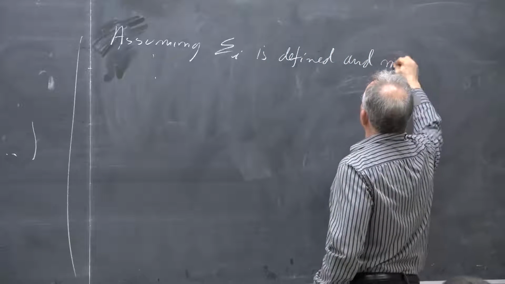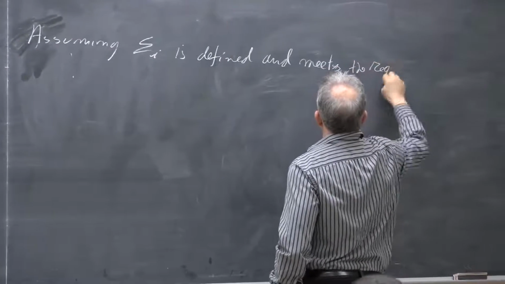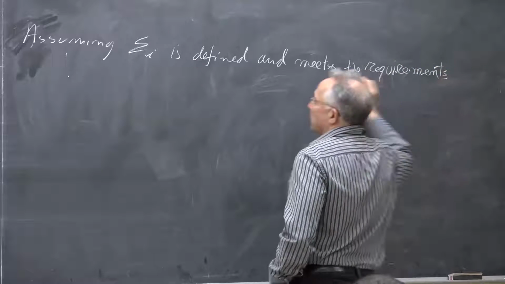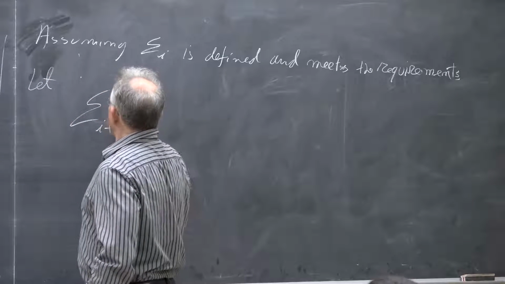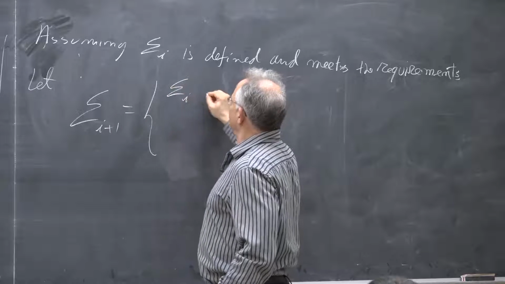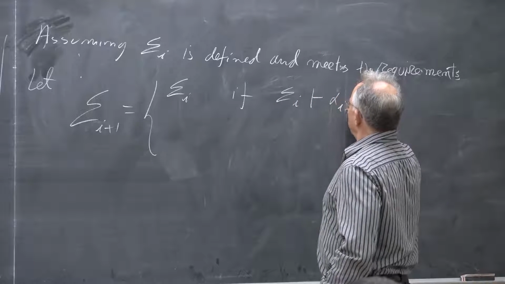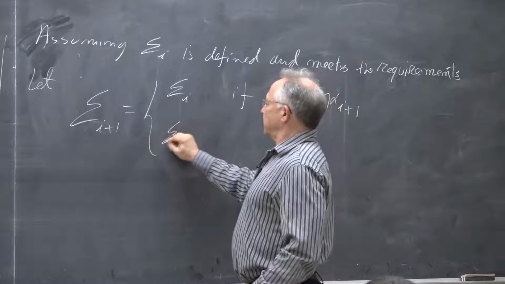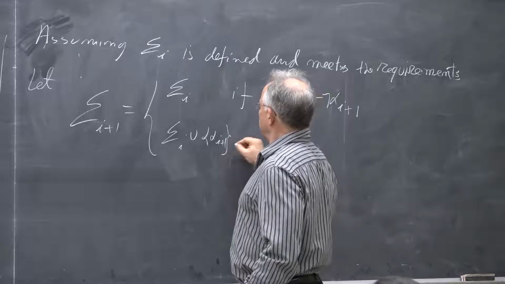and meets the requirements, let sigma I plus 1 be sigma I if sigma I can prove alpha I plus 1 or the negation of alpha I plus 1, and sigma I union alpha I plus 1 otherwise.